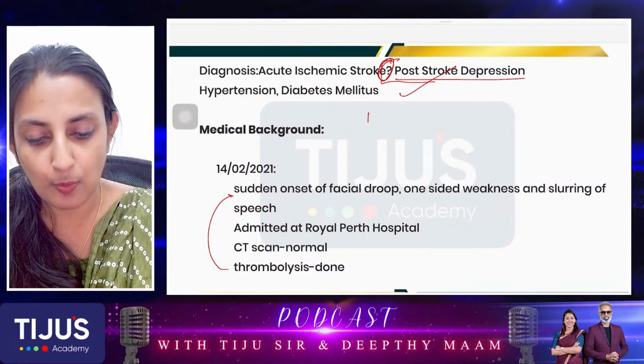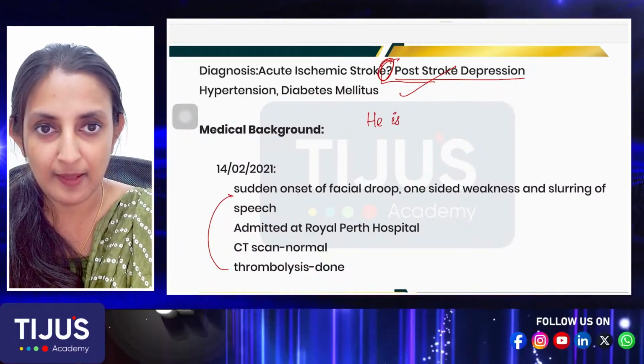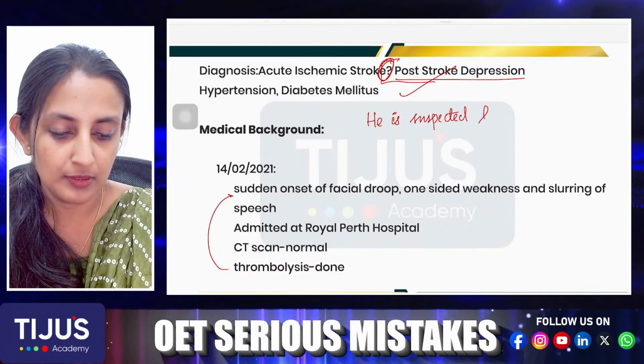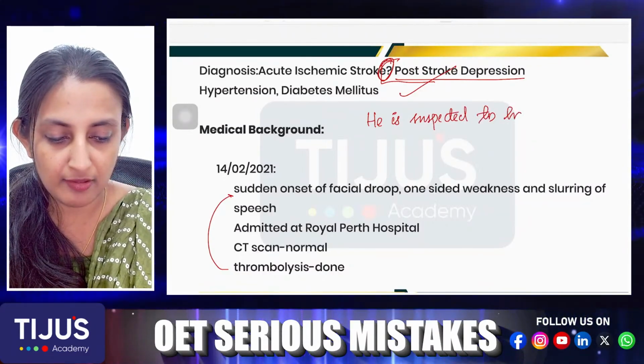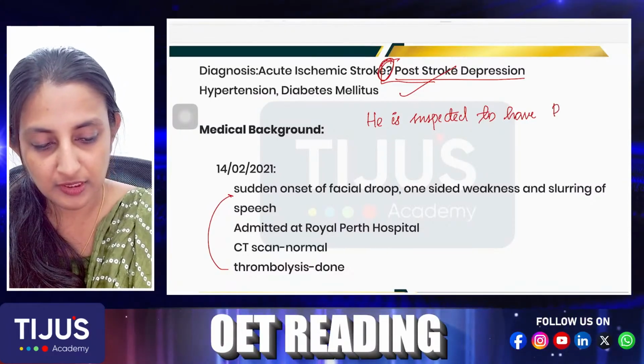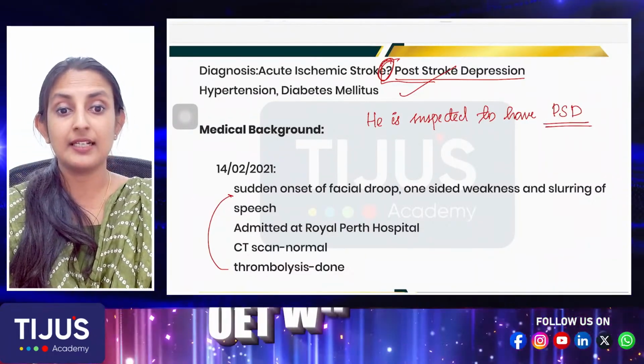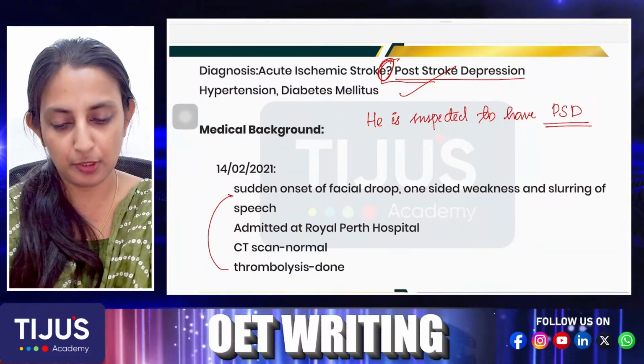So as it is a query, how we are supposed to write? He is suspected to have post-stroke depression in full form. This is going to be the medical condition of the patient എന്ന് നമുക്ക് മനസ്സിലാക്കാം.